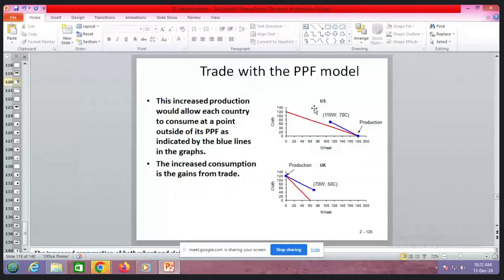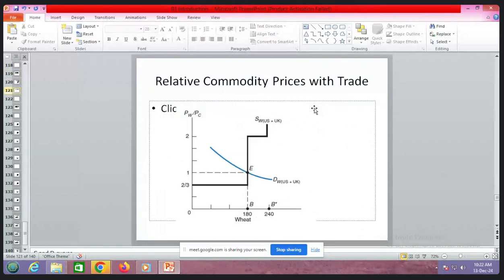Remember, so far we had not considered the demand aspect. The last part of constant opportunity cost is bringing the demand curve into the picture.